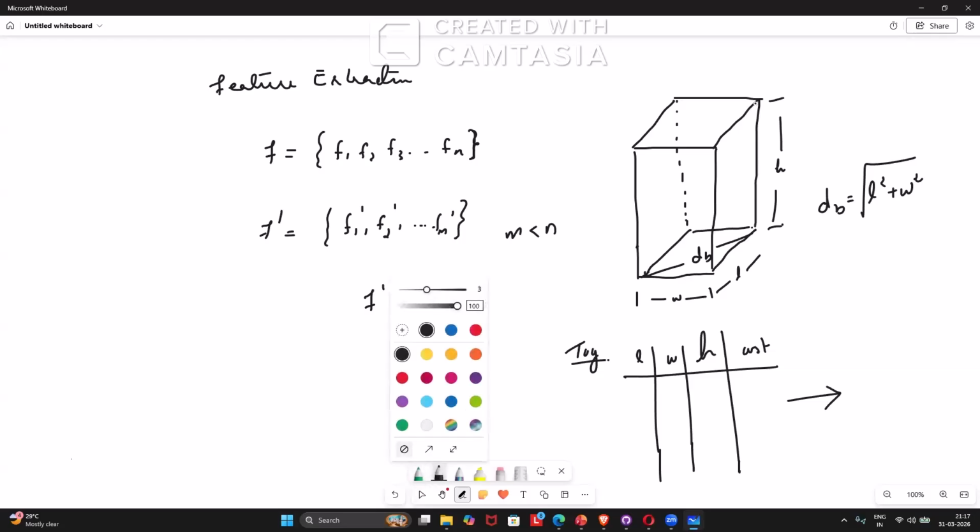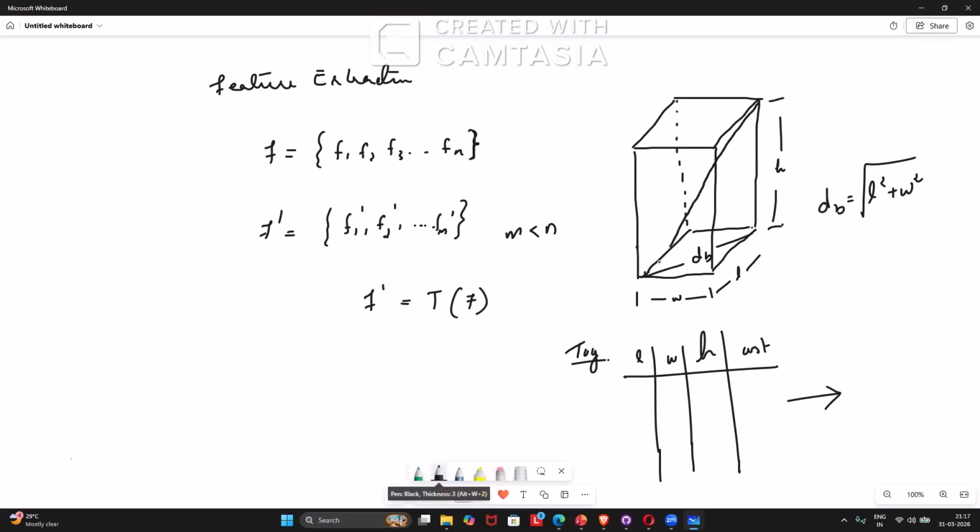Now consider this particular diagonal. What is that? DL, the lateral diagonal. DL is equal to the square root of H square plus DB square. And DL is equal to root of H square plus L square plus W square, right?